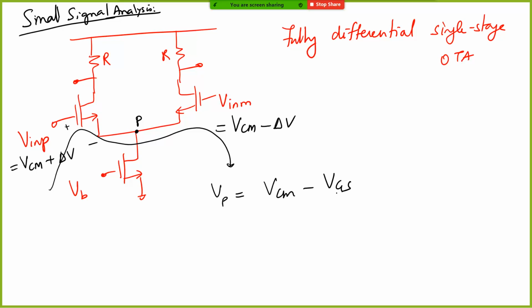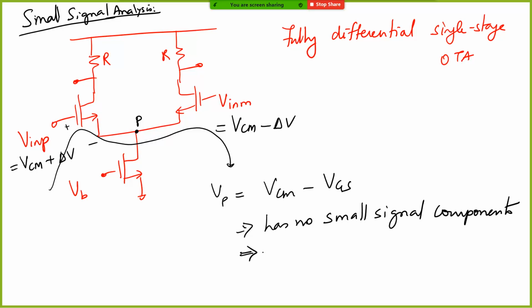This VP has no small signal component, and therefore this is called a virtual ground. VP is a virtual ground because this node P does not vary with the small signal. Basically, you can understand it as the average of V in P and V in M, with a certain offset which comes from the VGS.